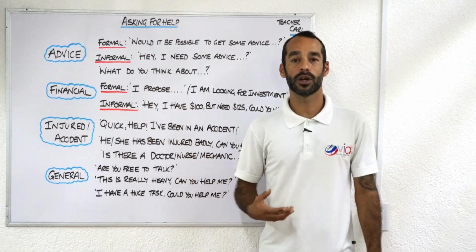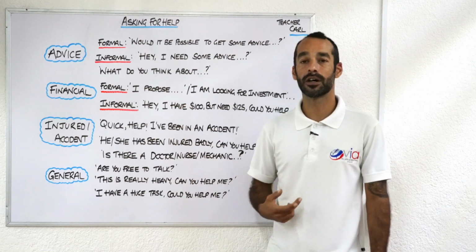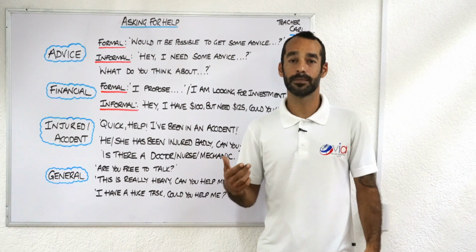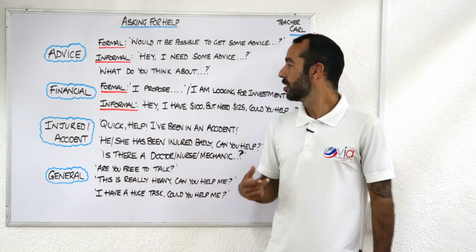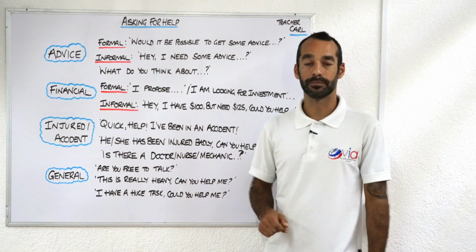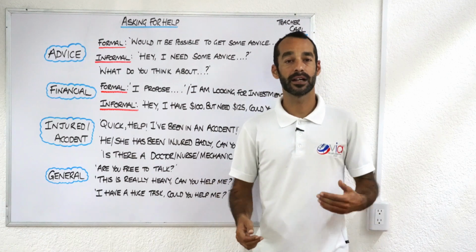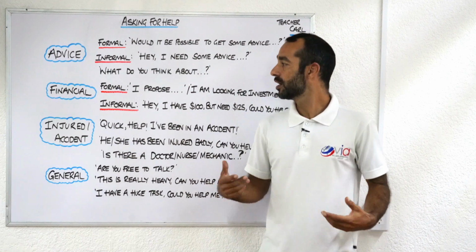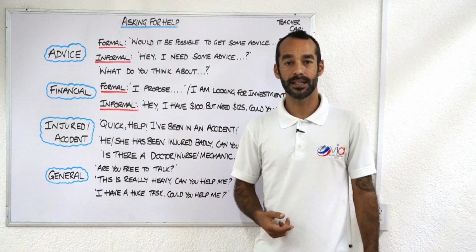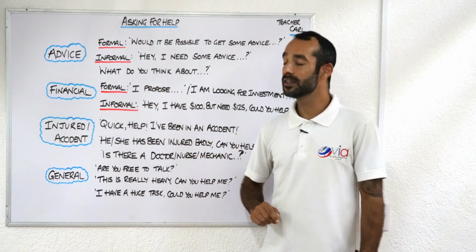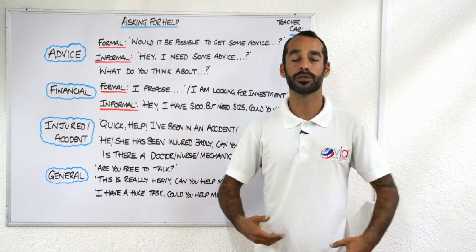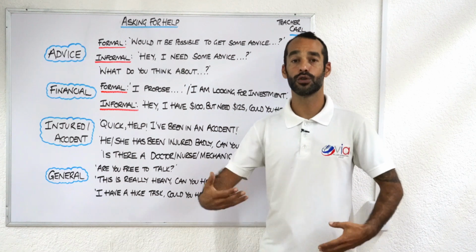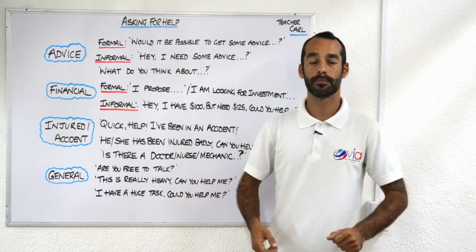Now, a formal tone would take place in the example if you were asking for investment into a business or for something that you propose. So if you were going to a bank or a financial institution, this is the kind of thing that you may need to say. So you would initially say that I propose. What is it that you propose? A new business venture? A new product?